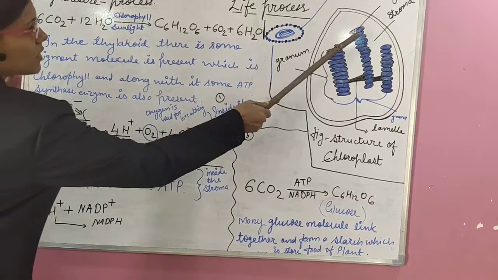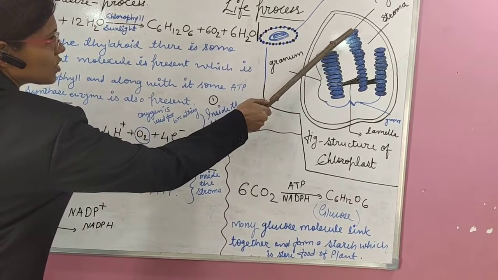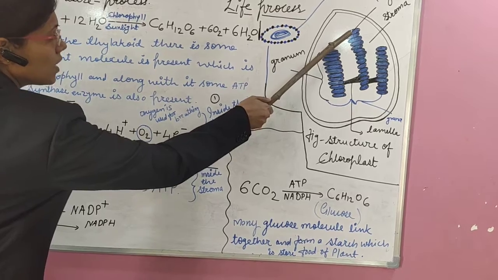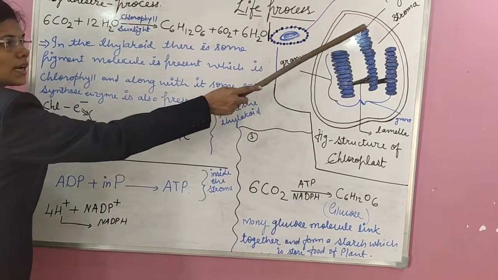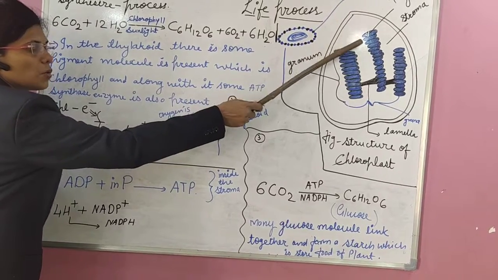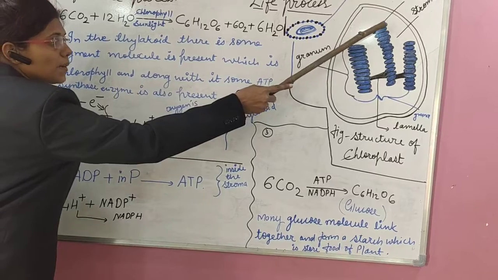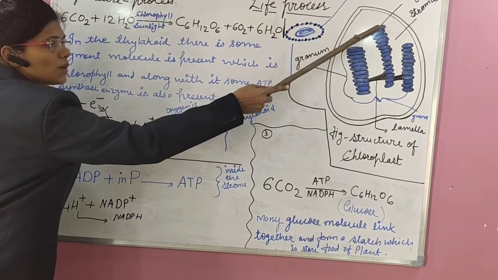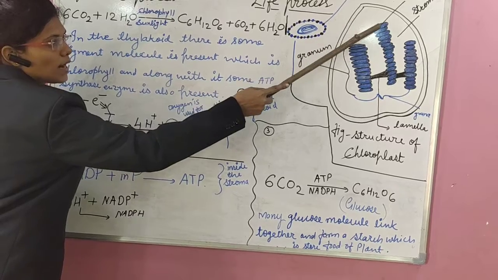Before this, the photolysis process, the splitting of water molecules, takes place inside this thylakoid. When this continuous splitting of water molecules takes place, after a time many more electrons are accumulated in both areas.